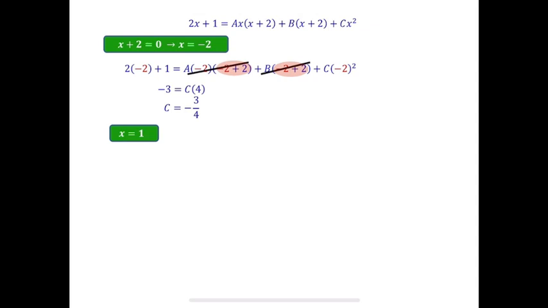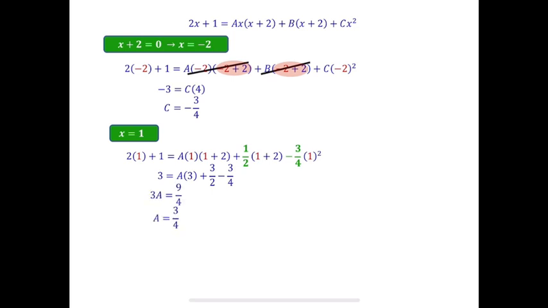Since we already used x equals 0 just now, I choose x equals 1 to substitute into the equation together with the value of B and value of C. So from this equation, we can get the value of A.